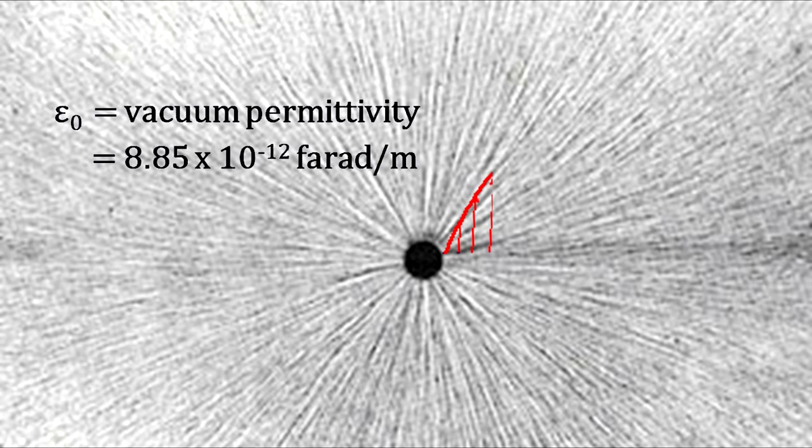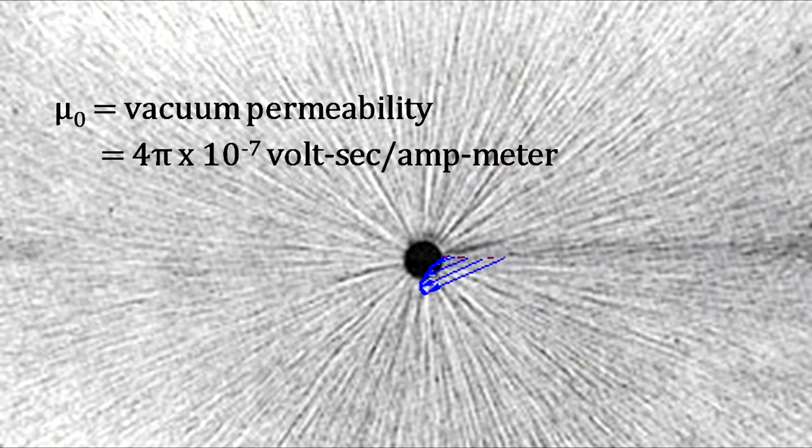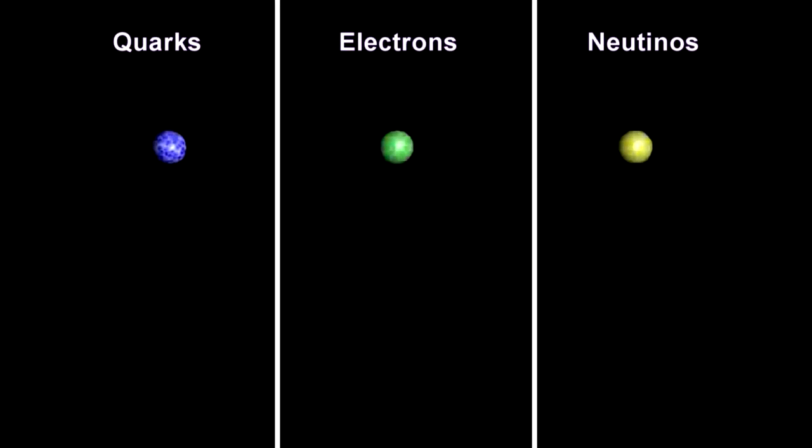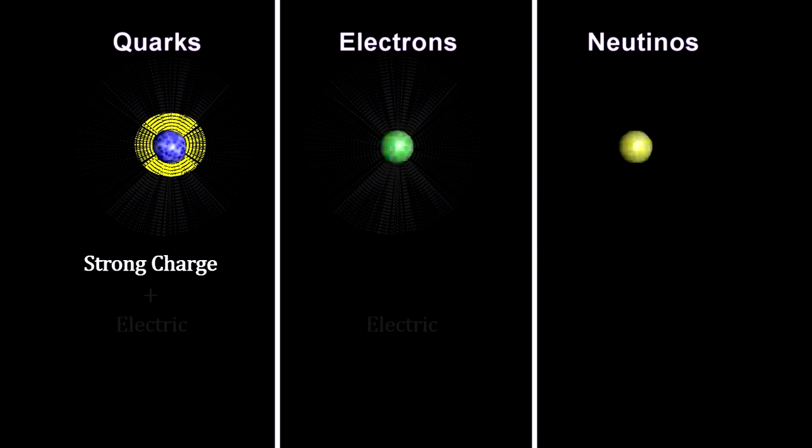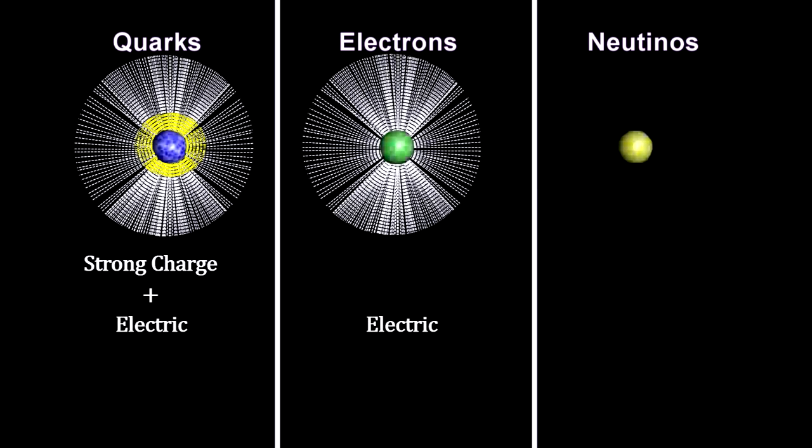And we know that empty space offers resistance to change in these fields, for example, permittivity and permeability. We know that with enough energy, the elements of a field can bunch up into localized particles with properties like mass, spin, and various types of charges that spew out their own field elements into the empty space around them.